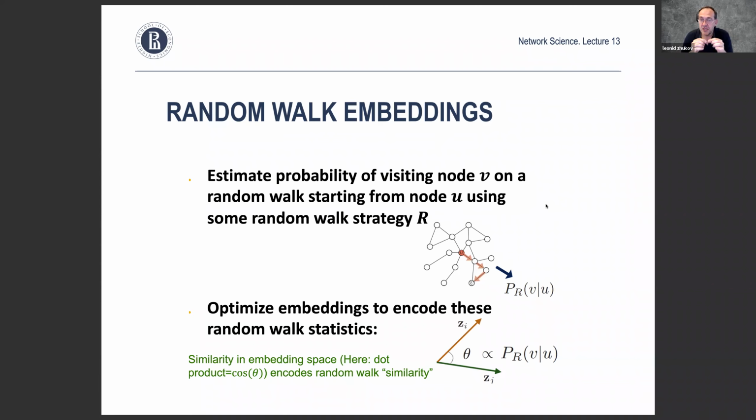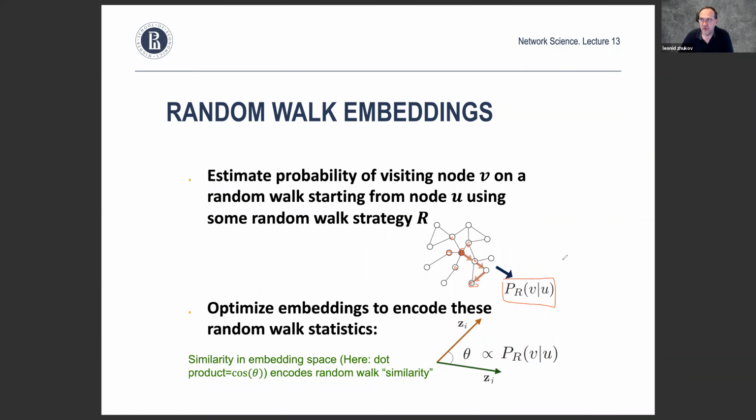Obviously, the nearest neighbors of the selected node U will be visited more frequently by random walks, but random walks will still visit farther nodes. By literally running those walks, we can estimate the probability of ending on node V if you start the random walk from node U. And you can do it for random walks starting from any node.